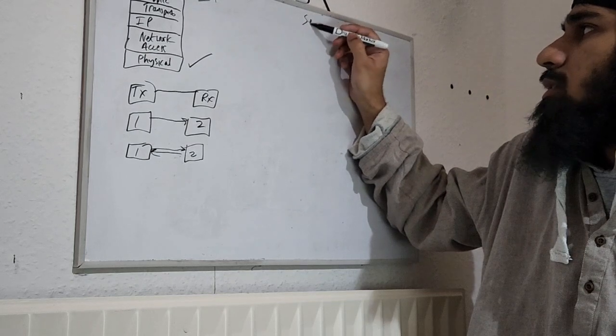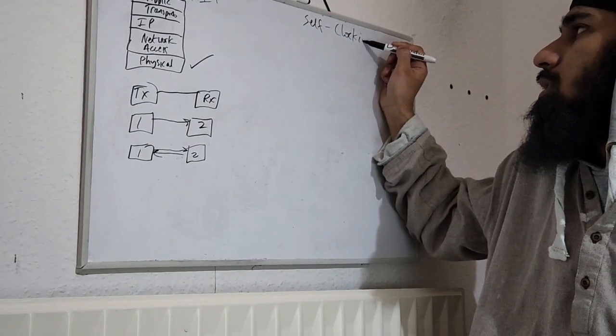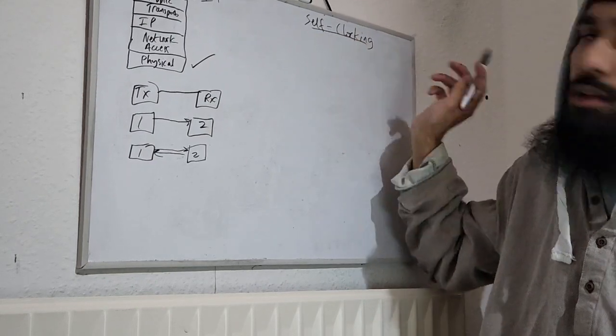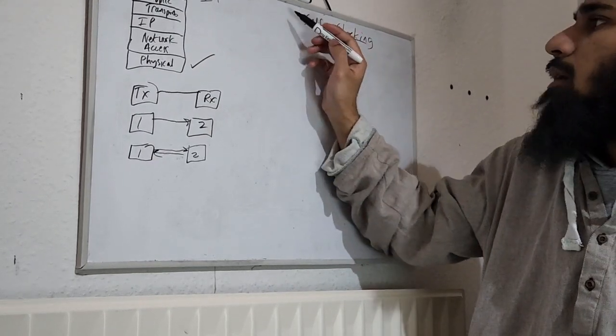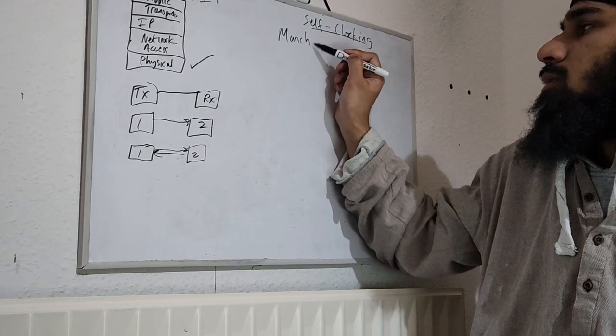Let me just write self-clocking. That's important when we're looking at these self-clocking, sub-byte codes. So first you have Manchester. This is a very easy one.